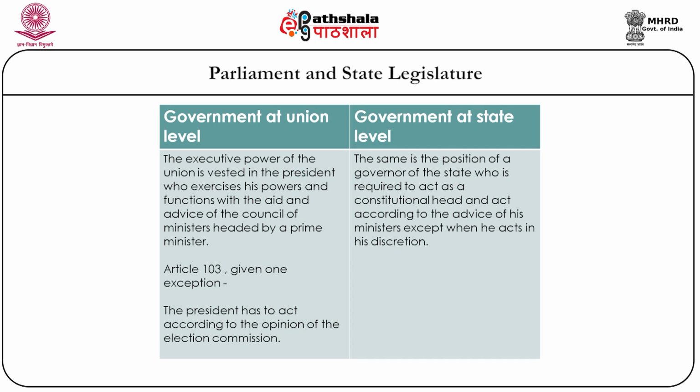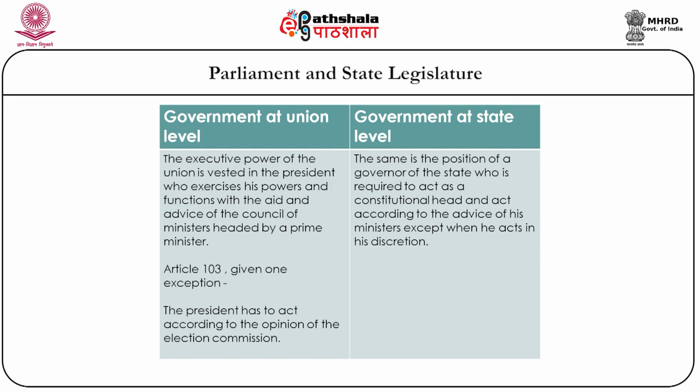So, we can conclude here that Article 103 is the exception to the rule where the president is the executive head, and here this president will act according to the opinion of the Election Commission and not on the advice of the Council of Ministers.